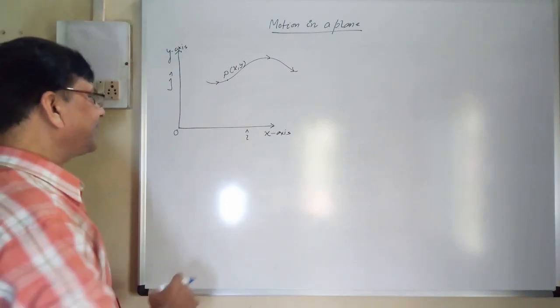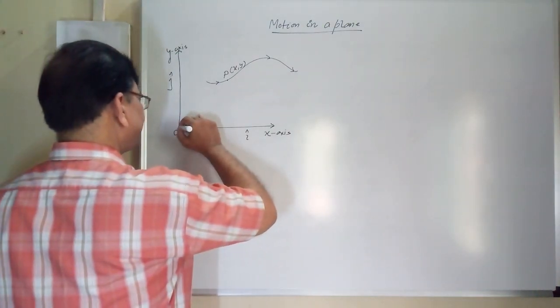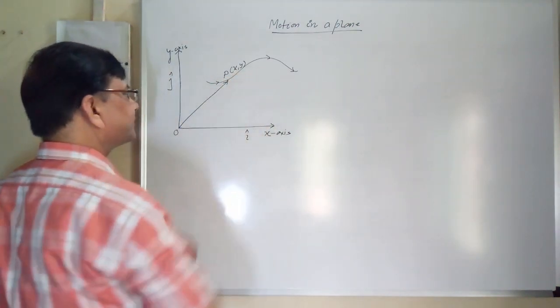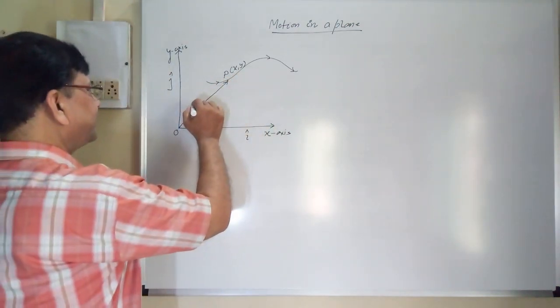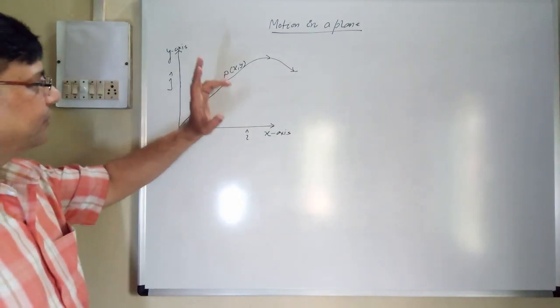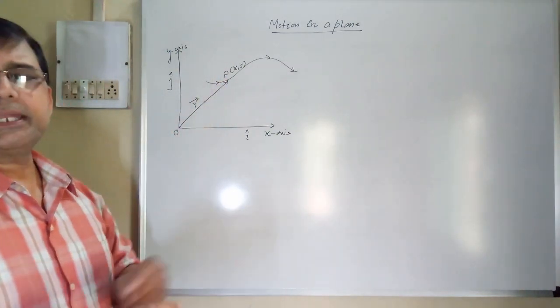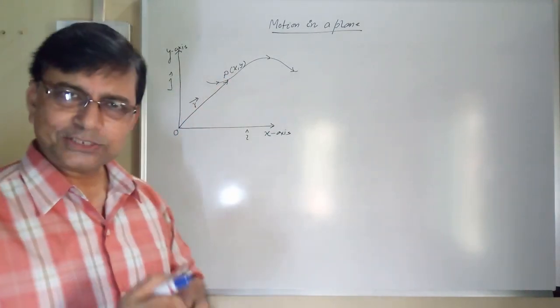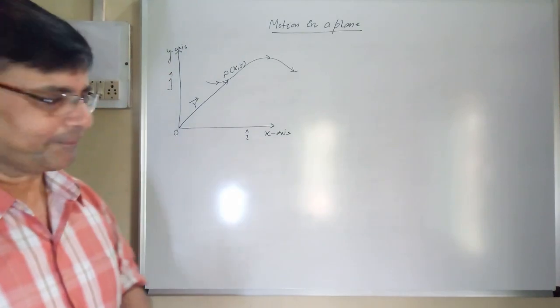Now in terms of a vector, it can be specified by the position vector. Let this position vector be r. So the position of this point is given in the form of coordinates as well as the position vector.